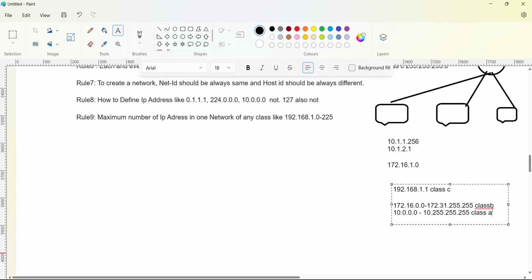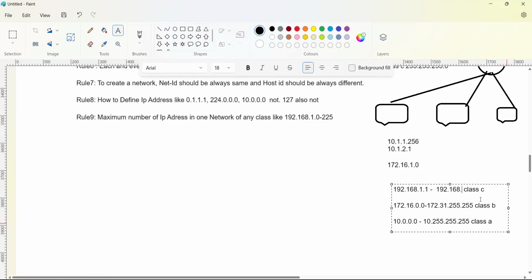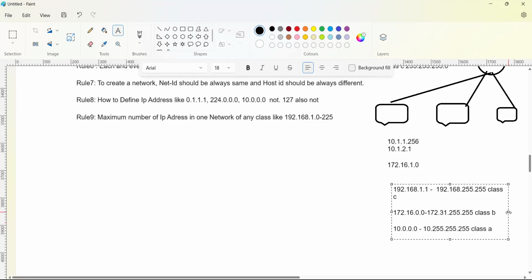So guys, for these ranges there is no need to pay any cost to anyone. These are free of cost. You can assign these IP addresses at your LAN side. If you are using the private IP addresses, you don't have to pay.